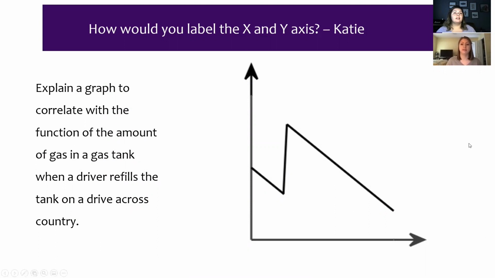So for instance, this scenario is to explain a graph to correlate with the function of the amount of gas in a gas tank when a driver refills the tank on a drive across country.